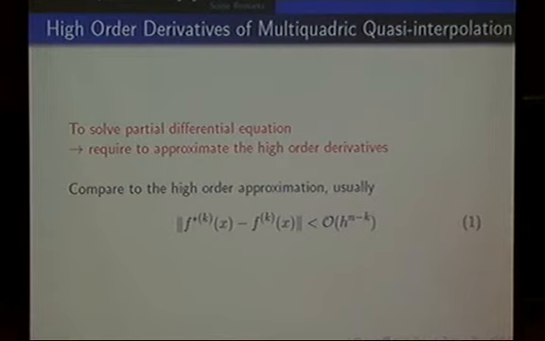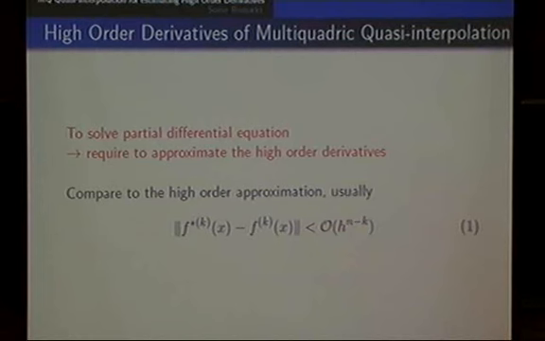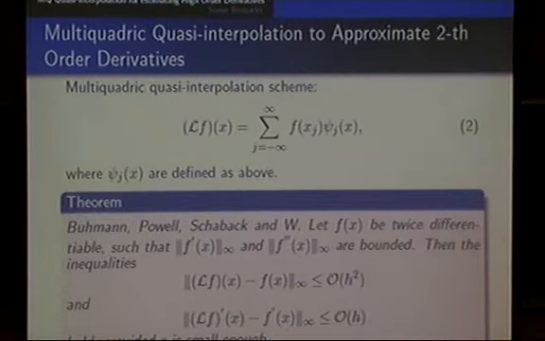usually happens in approximation theory. If you have an approximation, say, then we can only get n minus k. And for the MQ quasi-interpolation, people get this result. This one is obtained by myself.